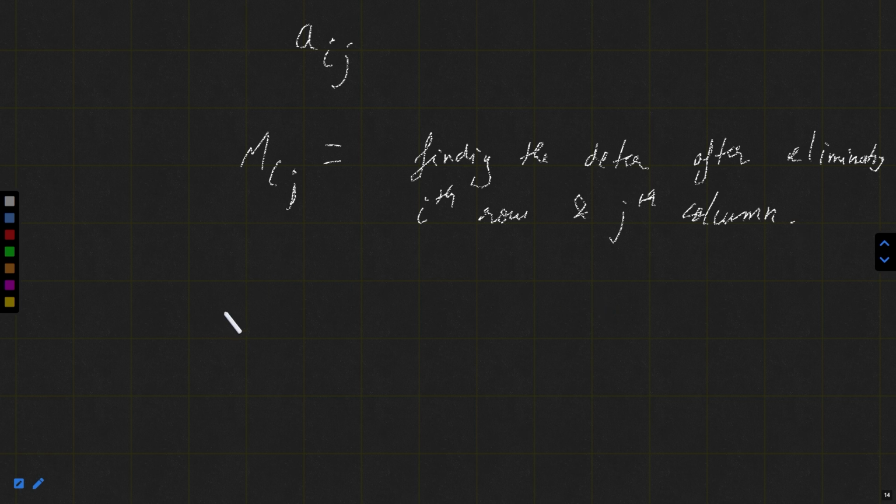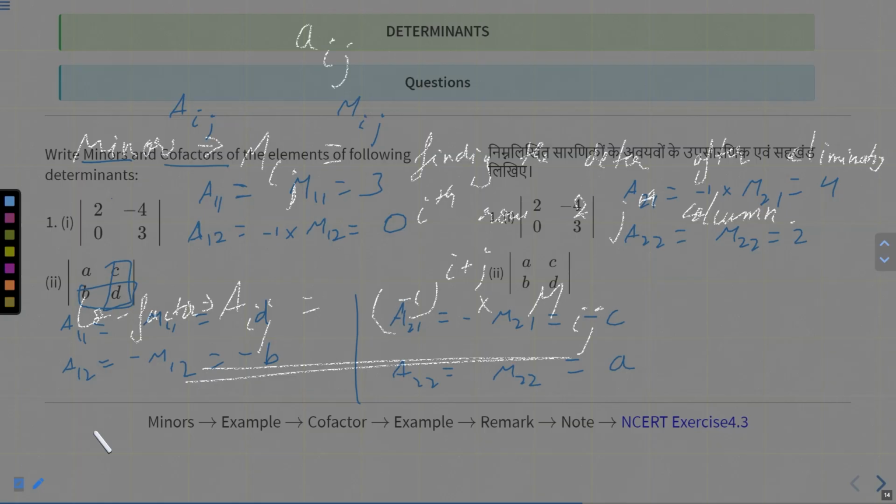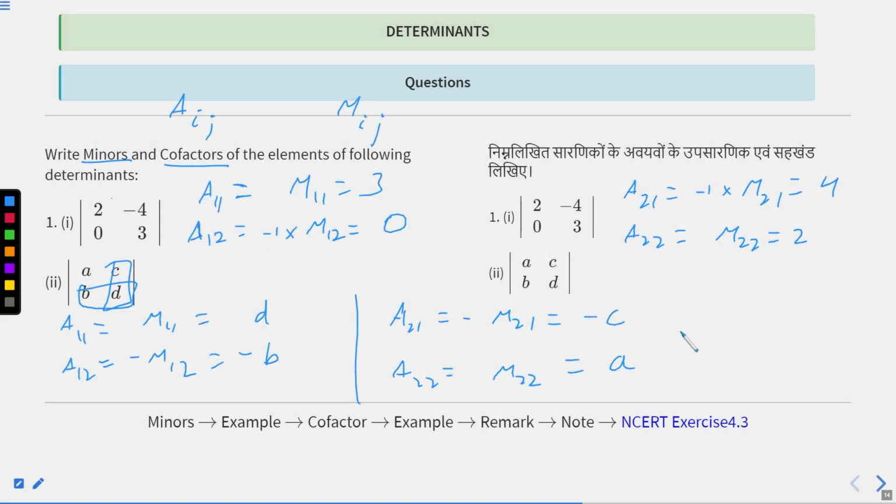That's it. And for Aij, put (-1) power i plus j multiplied with the minor. This will be your cofactor, and this will be your minor. Simple. Let us move to the next.